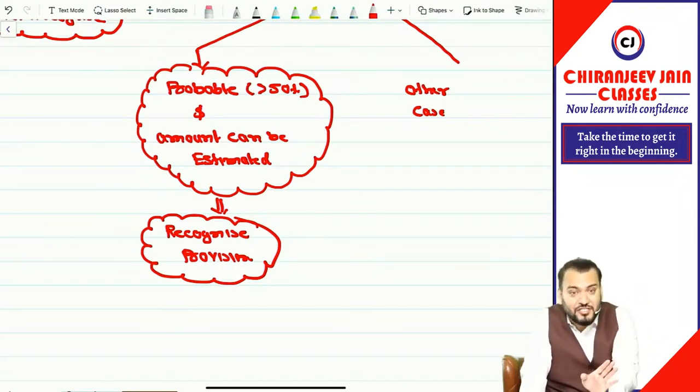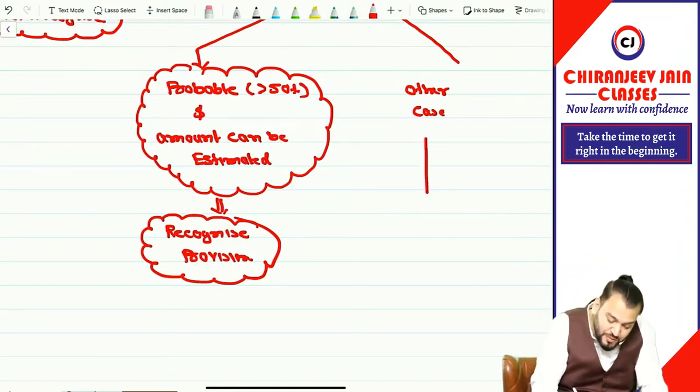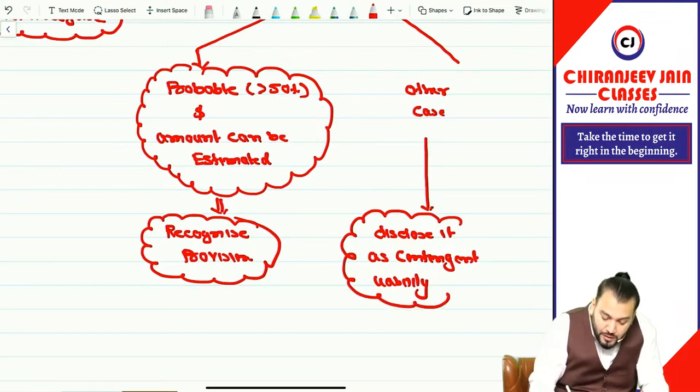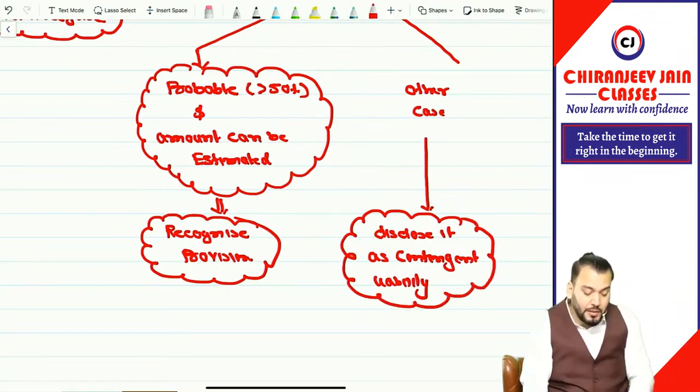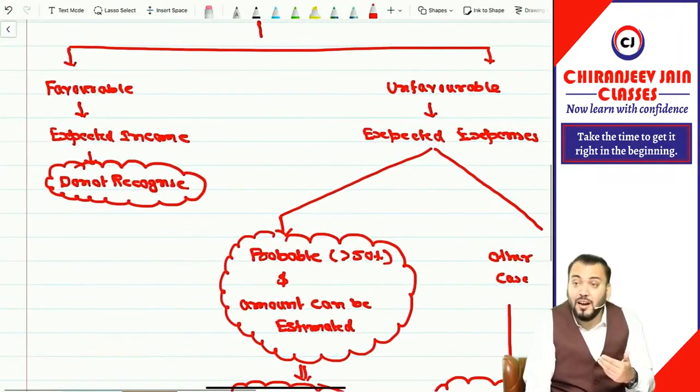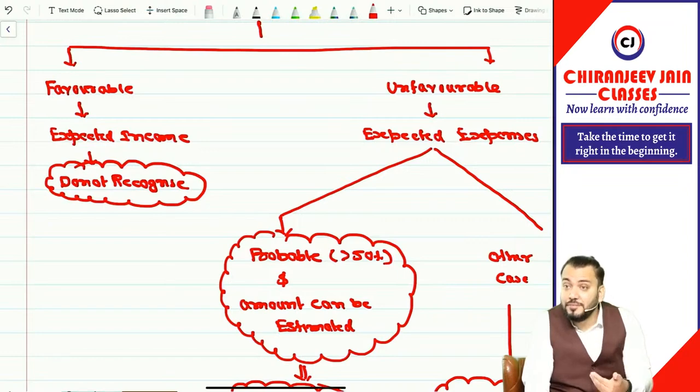So in other cases, we will disclose it as what? Contingent liability. Got it? Have you understood this point? I think a clearer understanding is coming about the definition of contingencies.